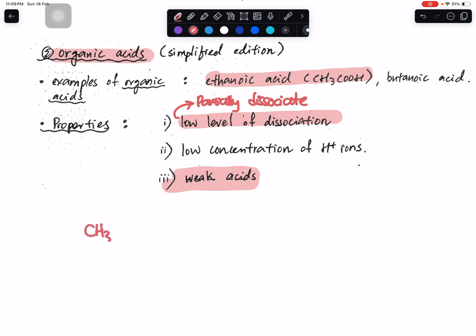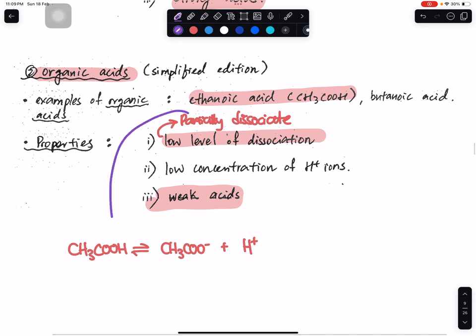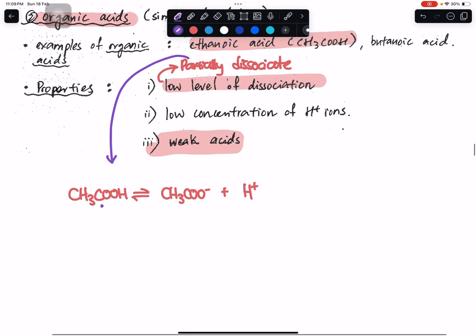So for example, you have ethanoic acid, CH3COOH. Okay, although it has a lot of hydrogen, not all hydrogen participates to become H plus. Okay, so take a look. It will actually become CH3COO minus, and you have a H plus here. So when I mean by partial dissociation, right, you can take a look at this. For example, if I have 100 ethanoic acid that will dissolve in water, not all of them will dissolve fully.